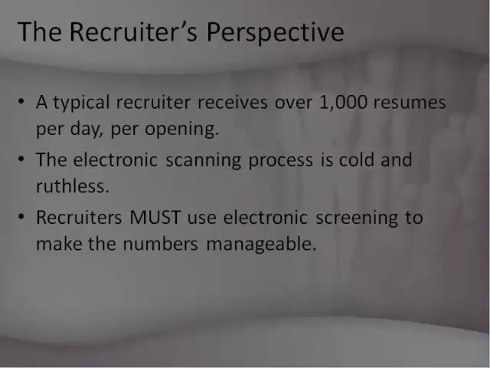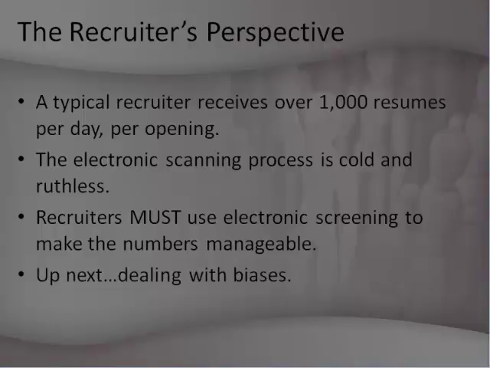That's what I want you to be able to do: format your resume so that, yes, it's good visually, but it's got what it needs also. It's prepared for the inevitable electronic screening process. If you've done your homework right on this, your resume is going to come up when they're searching for those terms. All right, we're ready to move on, and up next, I'm going to show you how to deal with biases, including gender biases, racial biases, even your name and the layout of your resume.